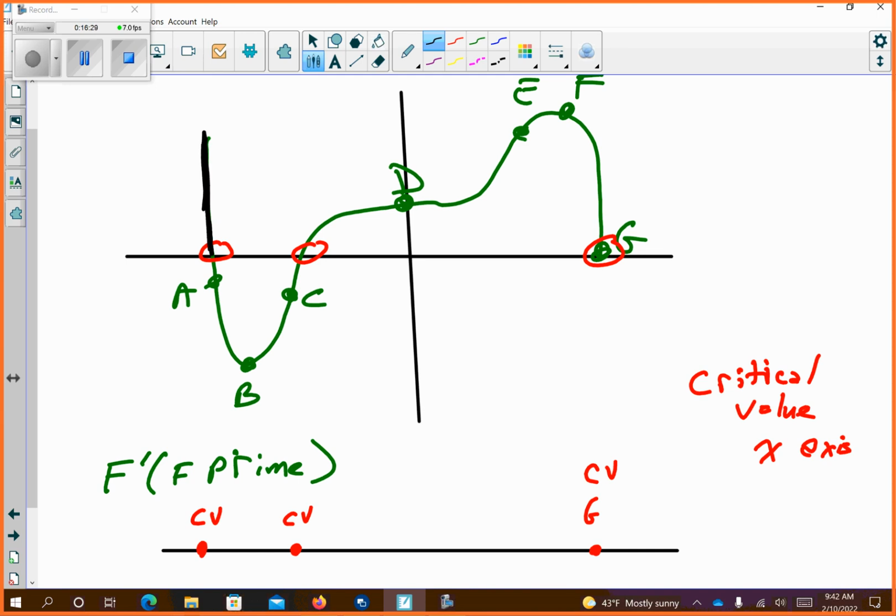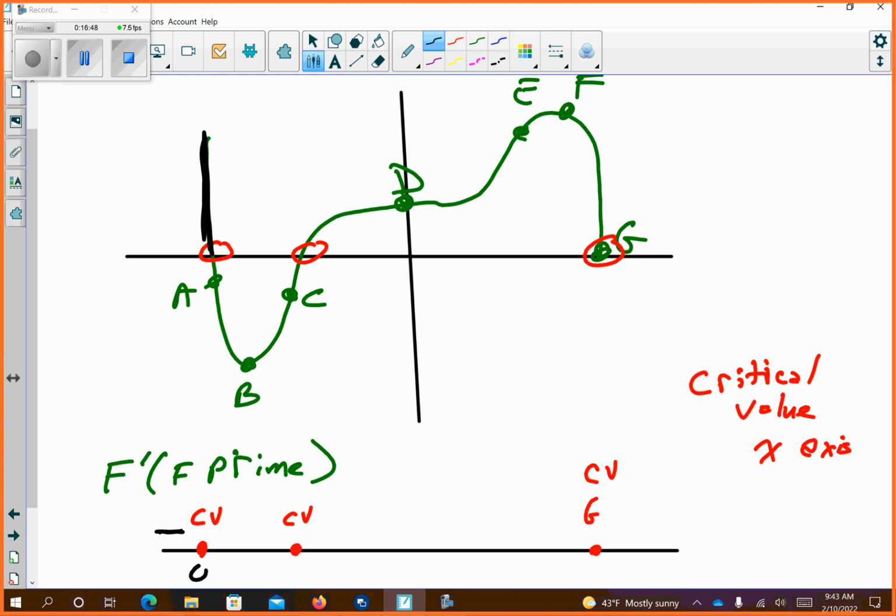So I now made the line blackish. What do you think the slope would be of that line? Positive or negative? Negative. So on this side of the critical value, I'm going to put a negative.